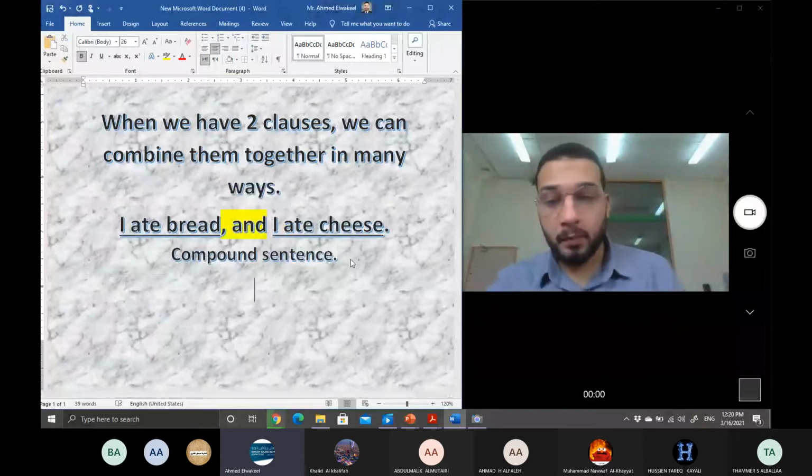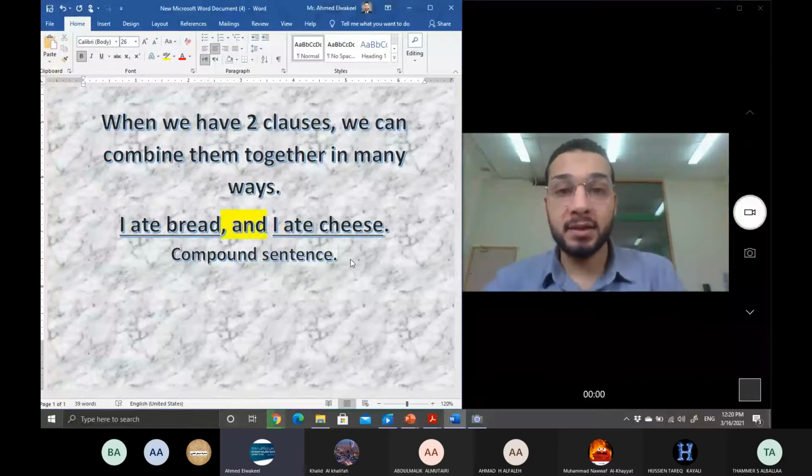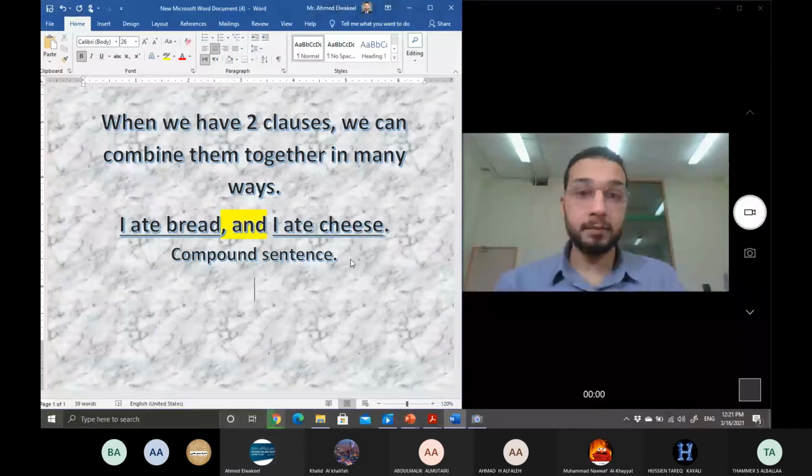So the second type of sentence is called a complex sentence. How can I have a complex sentence? What does a complex sentence consist of? Ayot?